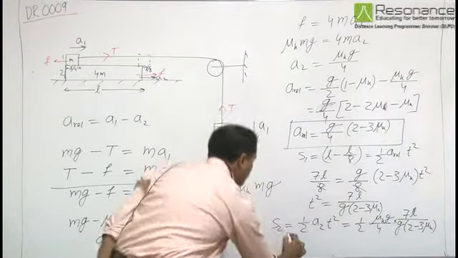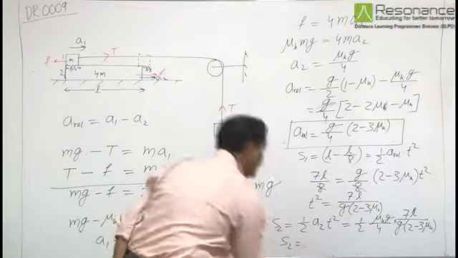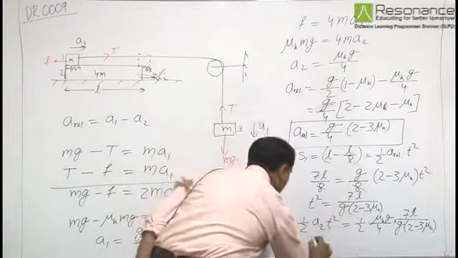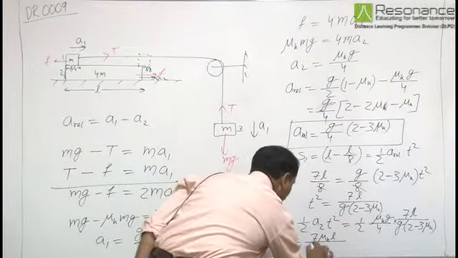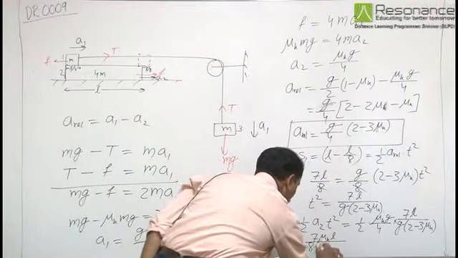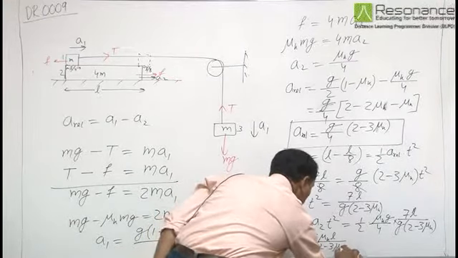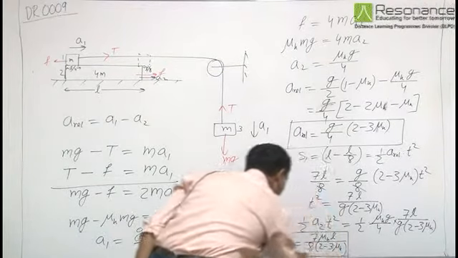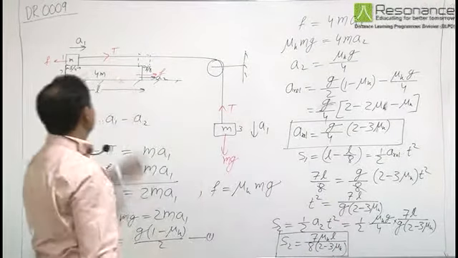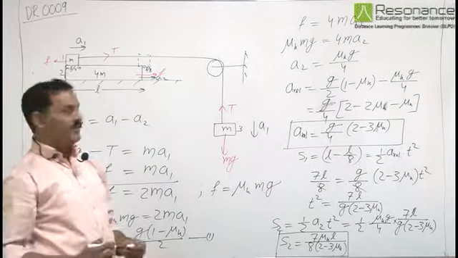So from here we obtain h2 to be equal to 7 mu k L upon 8 into (2 minus 3 mu k). This is the distance travelled by the second block in the given duration.